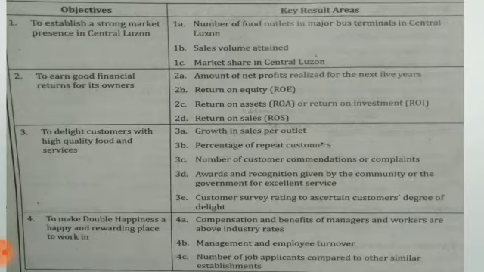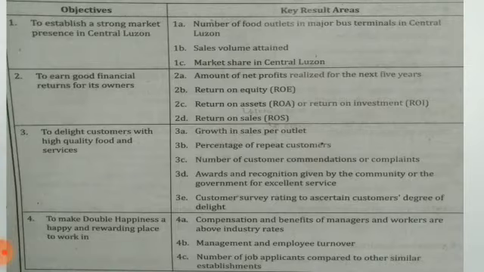So for the second, to earn good financial returns for its owners: amount of net profits realized for the next 5 years, return on equity, return on assets or return on investments, return on sales. To delight customers with high quality food and services: growth in sales per outlet, percentage of repeat customers, number of customer commendations or complaints, awards and recognition given by the community or the government for excellent service, customer survey rating to a certain customer's degree of delight.